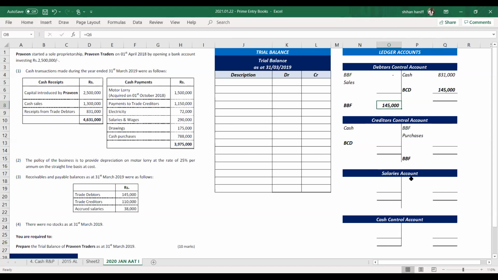Now there is no other transactions related to the debtors. Therefore, the difference will be considered as sales.